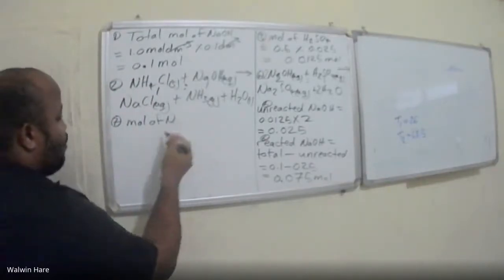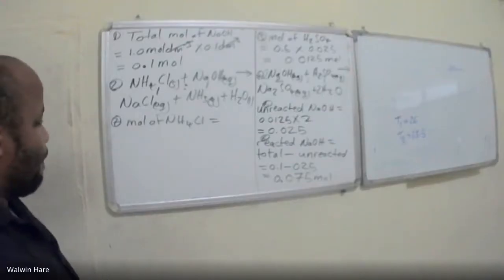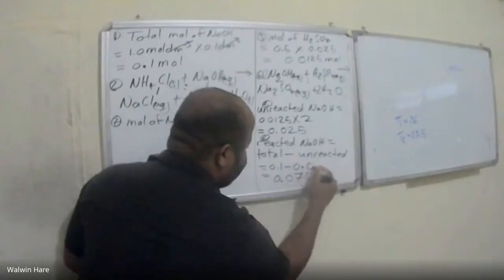Right, so the mole now of NH4Cl would be equal to 0.025.